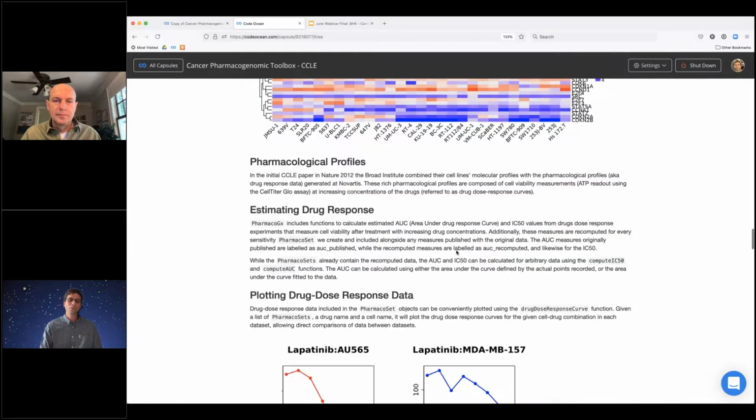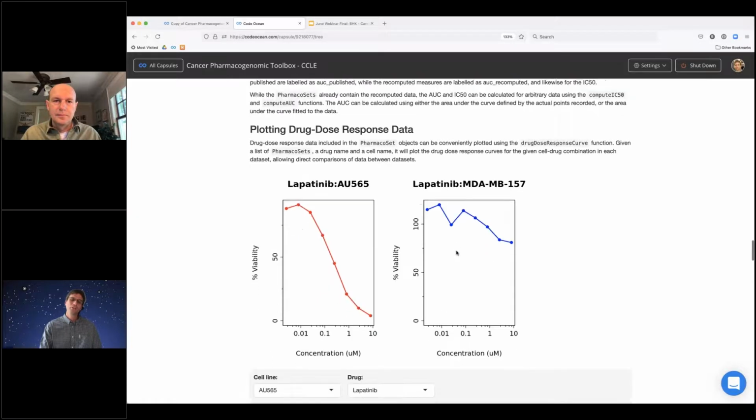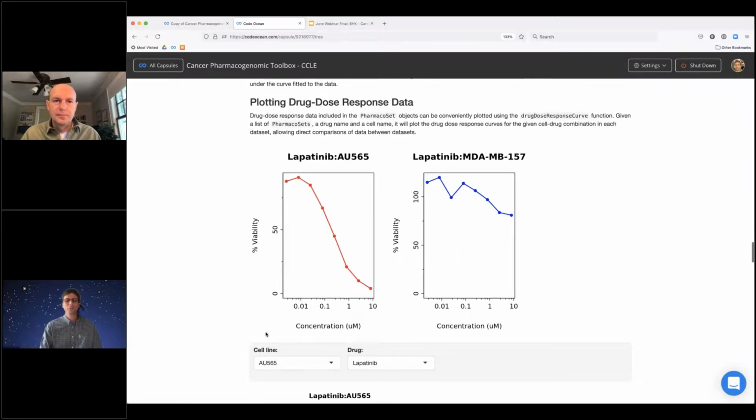And talking about drug response, those are also rather complex measurements where the experimentalists measure the viability of the cell and keep increasing the concentration of the drug given in a given range. It starts at 100, so the cells are growing as fast as the control. But as you start treating the cell lines with the drug, you can see that sometimes there is a dramatic drop in cell viability.